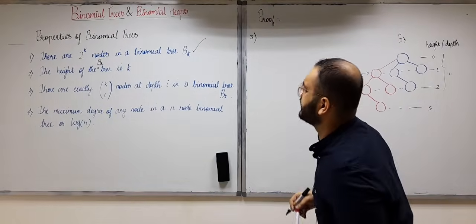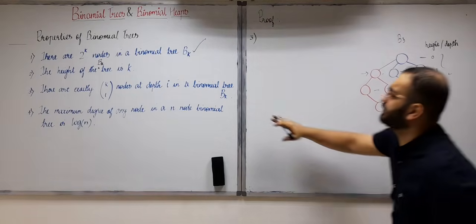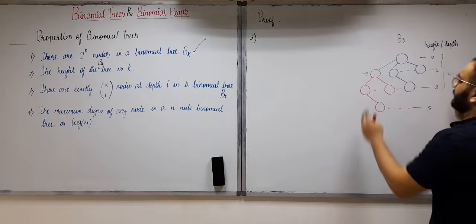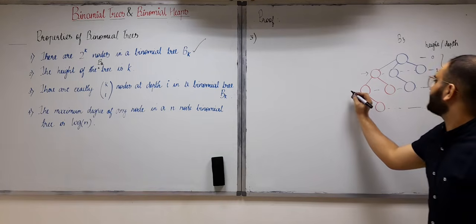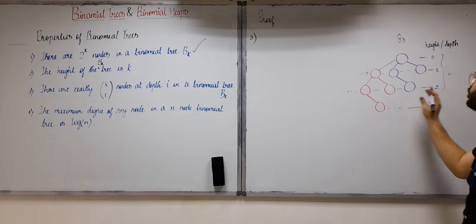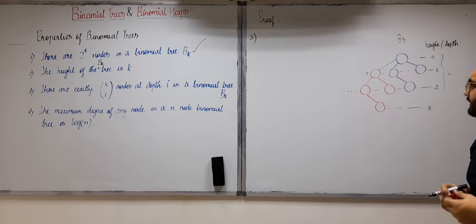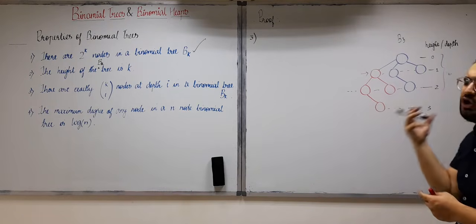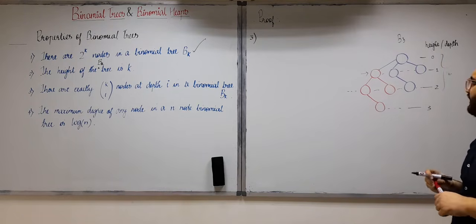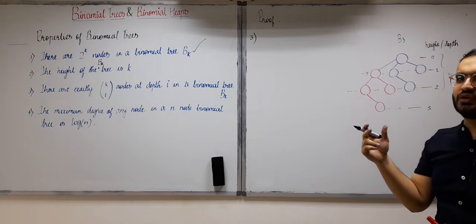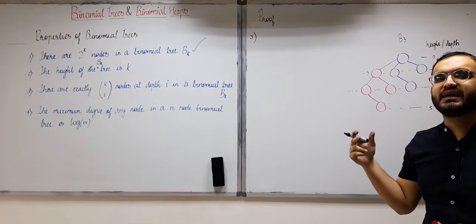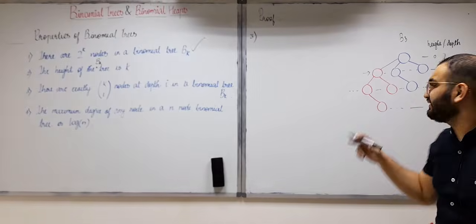So how do we prove this? Let us try to prove this property by looking at this binomial tree B3. Now just pay attention over here. Suppose we are considering depth 2 in the binomial tree B3. What nodes will it contain? First of all, it will contain the number of nodes in a binomial tree B2 at the same depth.